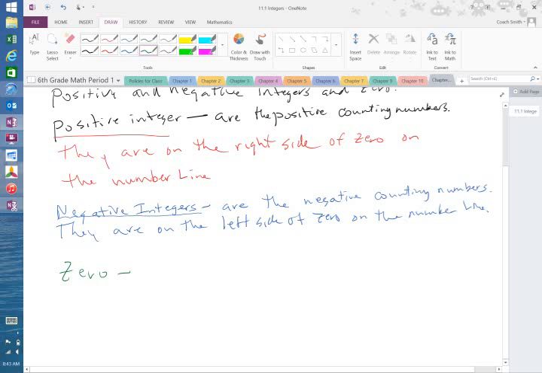Okay, everybody knows what 0 is, right? I shouldn't have to write a definition for 0. I do want to say this. 0 is neither negative or positive.